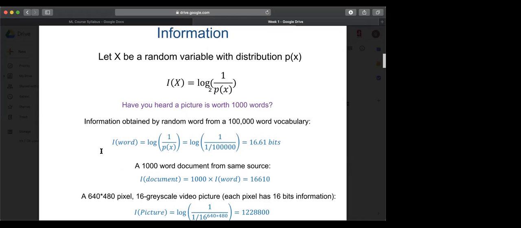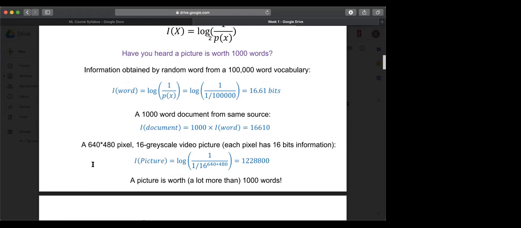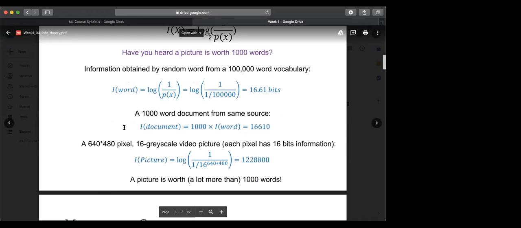So if I have a 100,000 word vocabulary, the odds of me selecting a random word is 1 out of 100,000, right? The information I would get from any given word is about 16.6 bits.